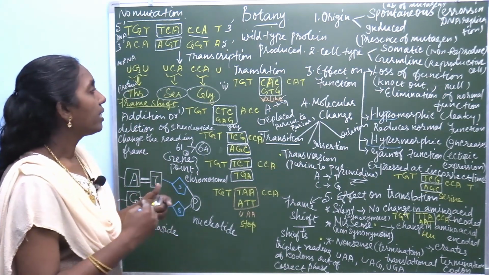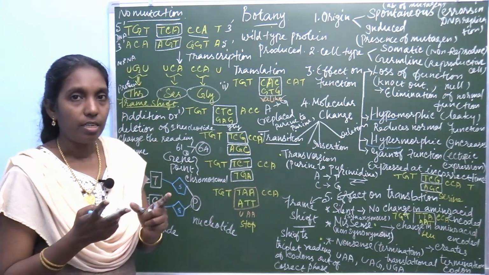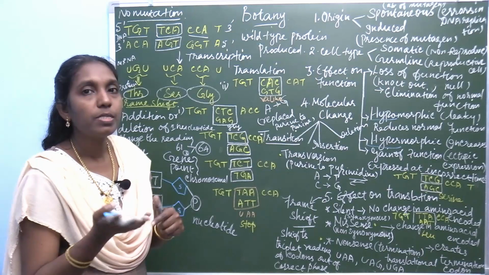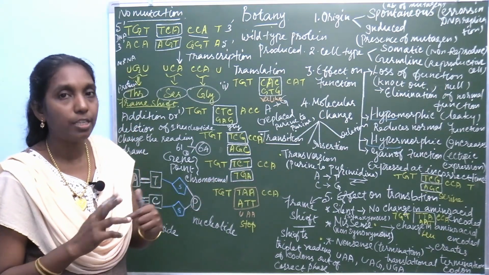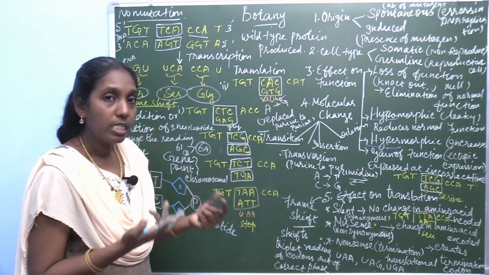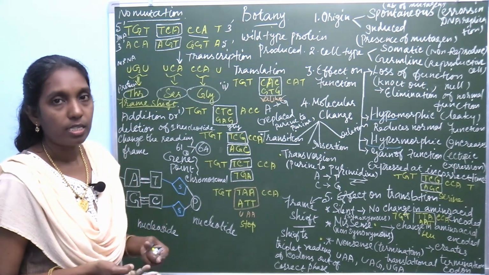The first type is transition. Transition is one kind of substitution mutation. Transition and transversion come under substitution mutation, a gene mutation. What is substituted? The nitrogenous bases are substituted.